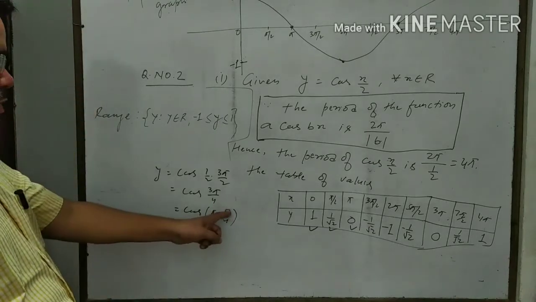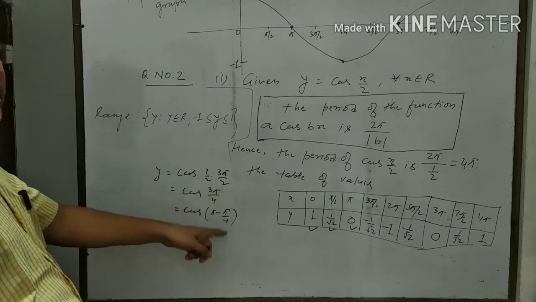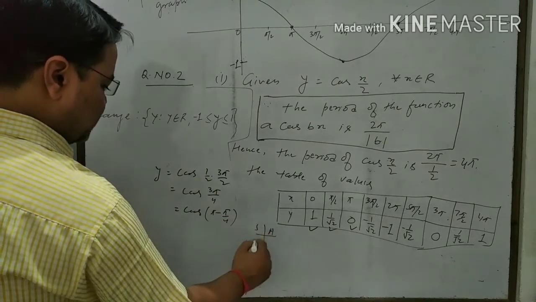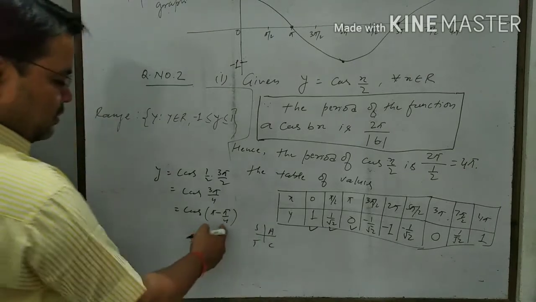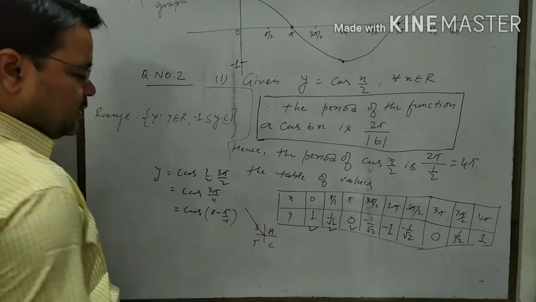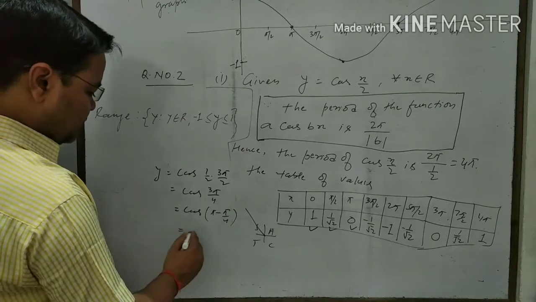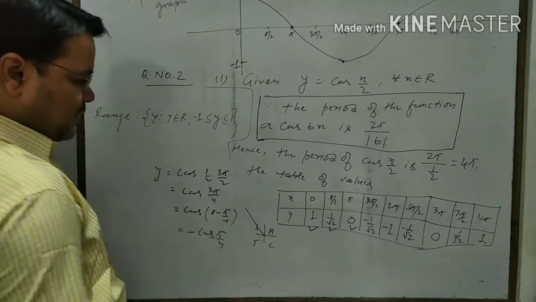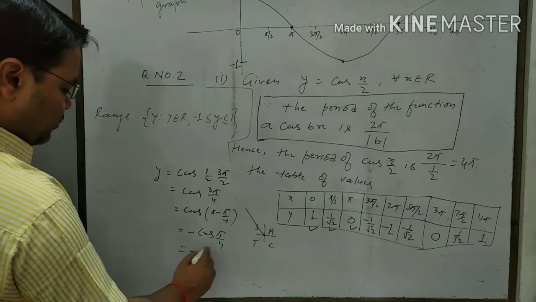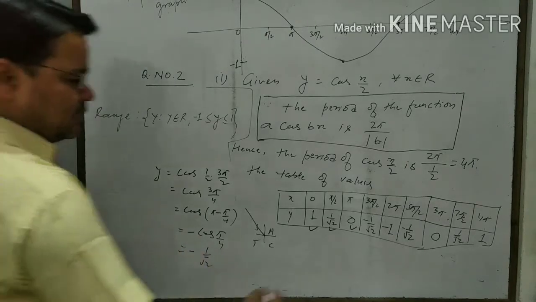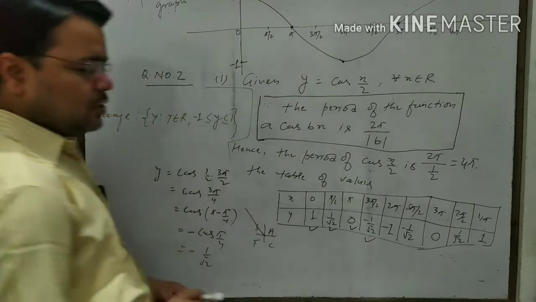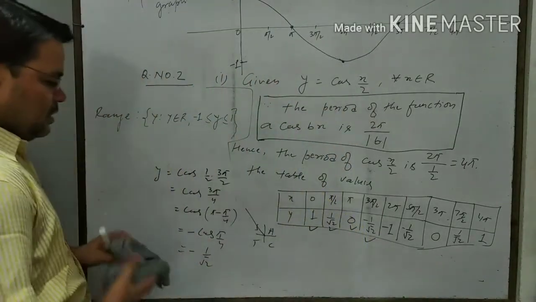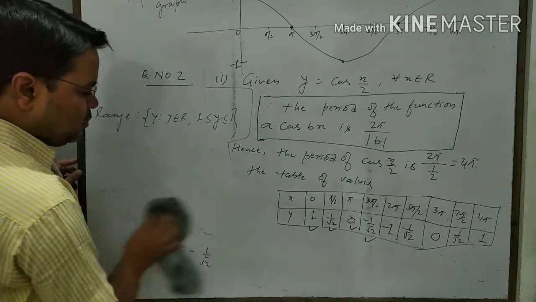Using ASTC, it will be in the second quadrant, and in the second quadrant its value will be negative. Here cos pi by 4 is 1 by root 2, so its value will be minus 1 by root 2. Getting? Let us check for more values also.